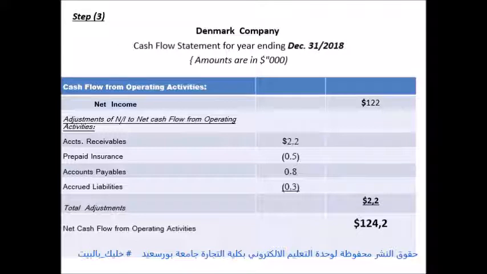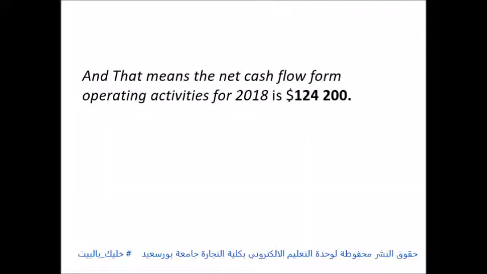That means what? Net cash flow from operating activities is 124,200 positive. That means the net cash flow from operating activities for 2018 is 124,200.